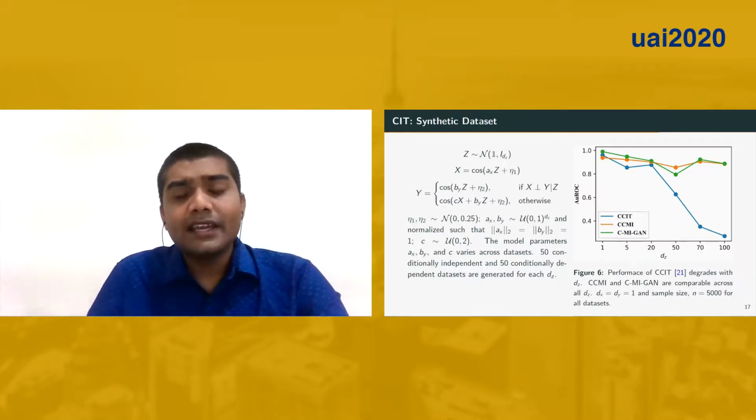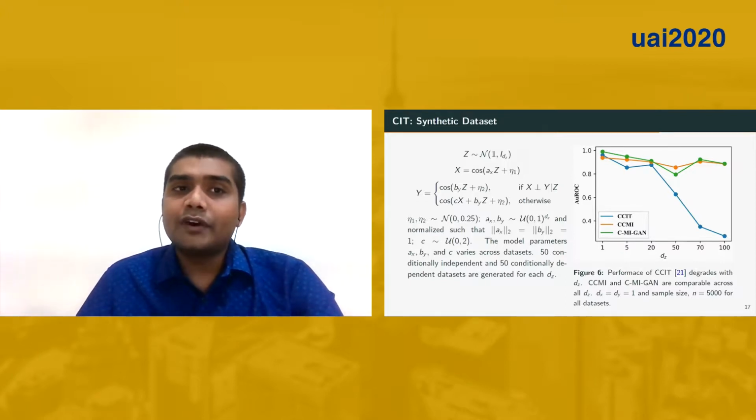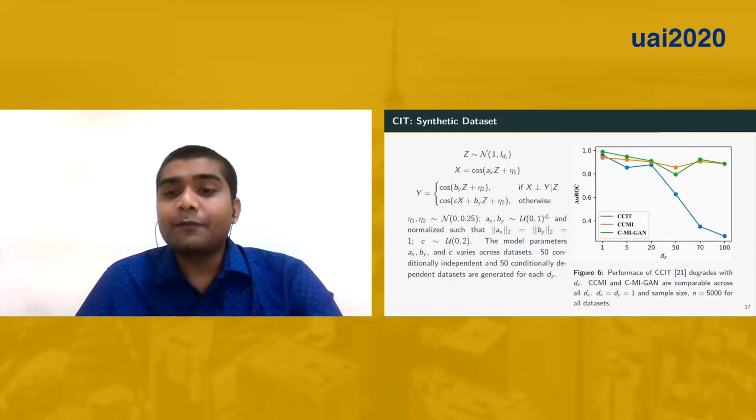As we can see, the performance of CCMI and C-MI-GAN are comparable for all the synthetic datasets irrespective of the dimension of the conditioning variable Z. However, the performance of CCIT degrades as dZ increases.